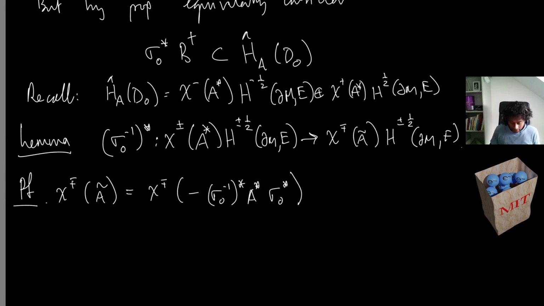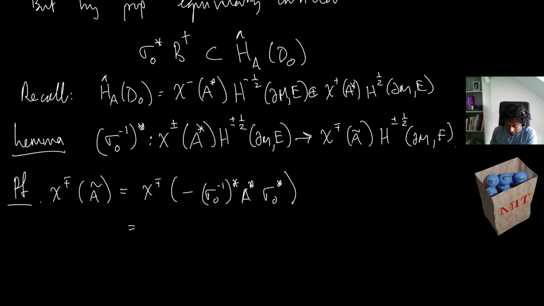But remember that we had a lemma before that said that when we have a conjugation of an operator, the spectrum remains fixed. So this is in particular equal to chi minus plus of sigma naught inverse star chi minus plus of minus A star sigma naught star.